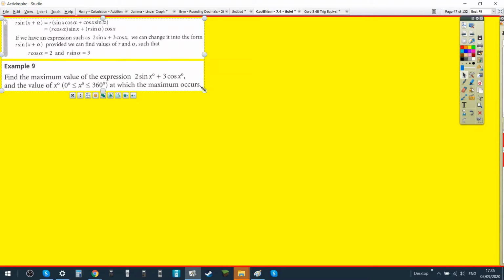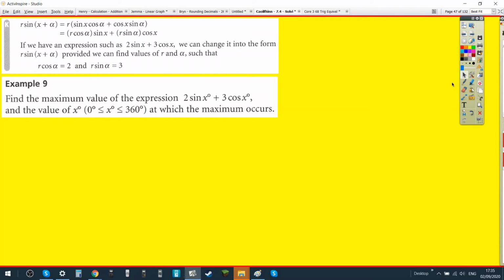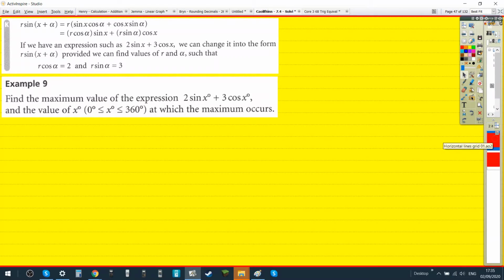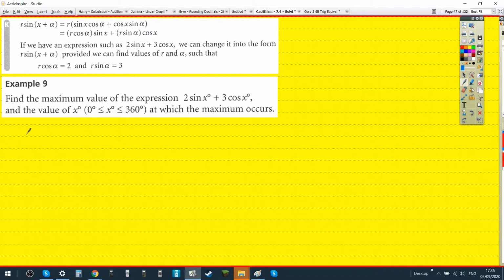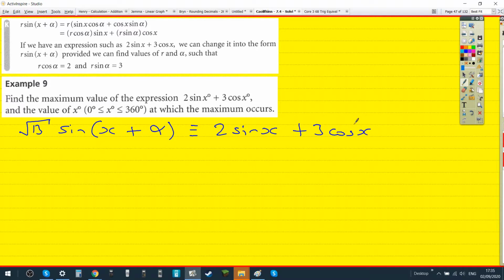Yeah, this is better. So I know, working in reverse, that root 13 sine x plus alpha has to give us 2 sine x plus 3 cos x.